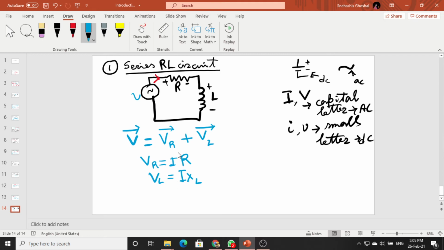That can be written as I into j omega L. In magnitude format, I into omega L is the magnitude, and positive j is here, so it is plus 90 degrees.